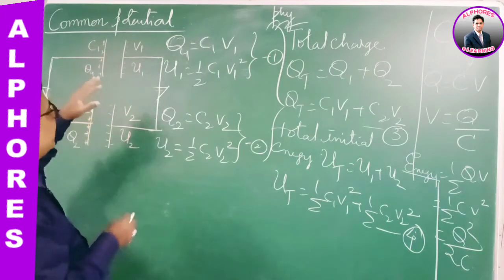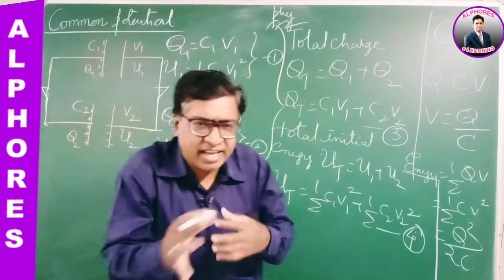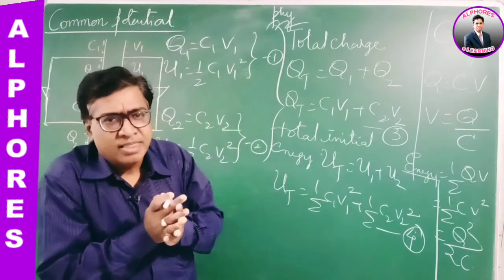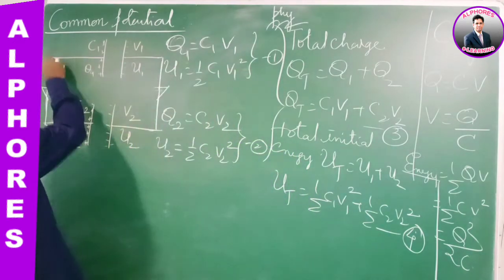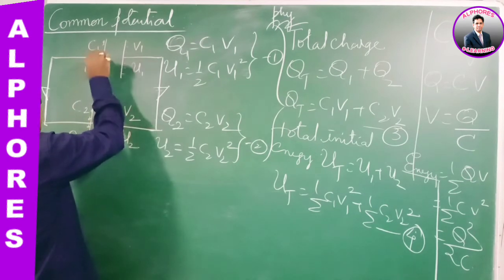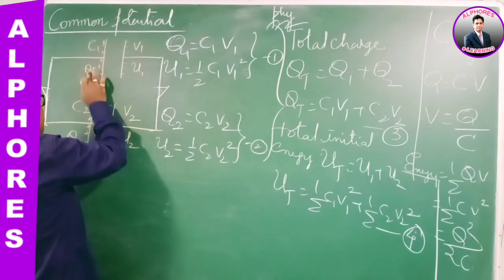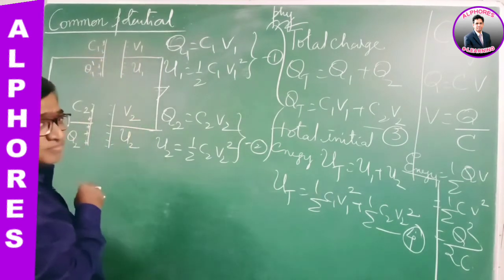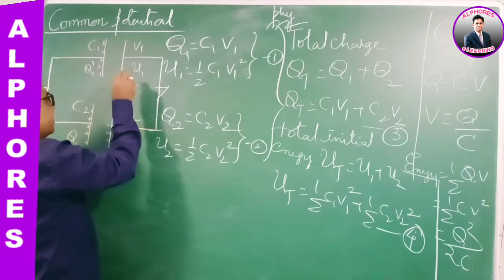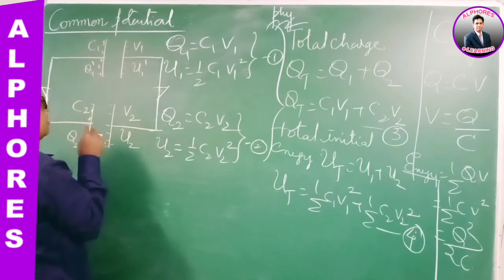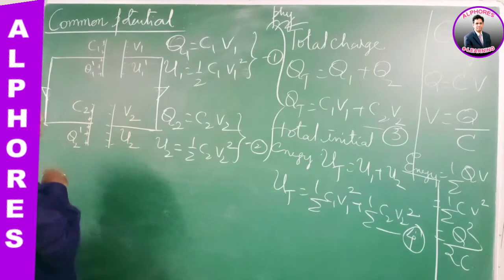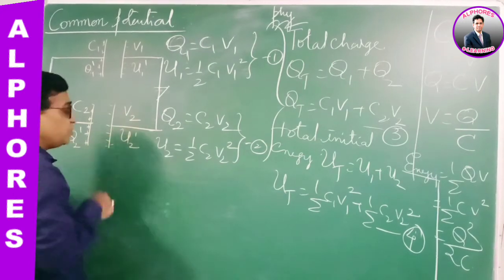So there is some redistribution, a rearrangement of the charge, right? After the connection is made, the charge on this one is no more Q1, let it be Q1 dash, and the energy is U1 dash. Similarly, the charge on the second one is Q2 dash and the energy is U2 dash.